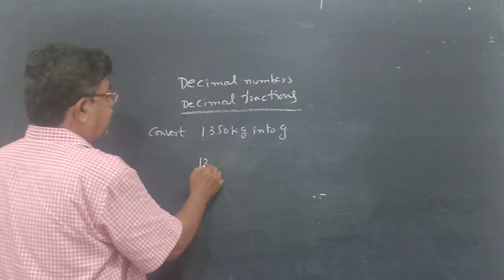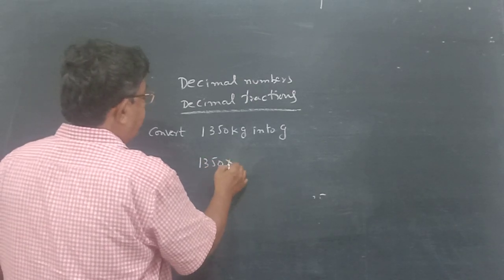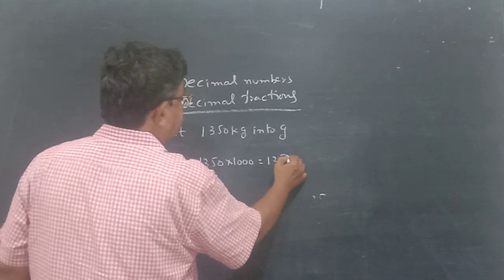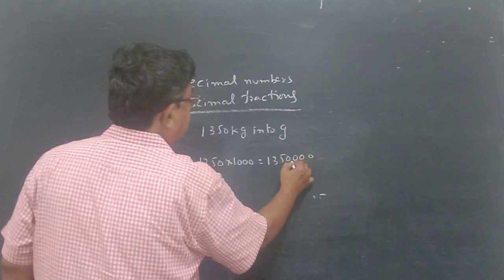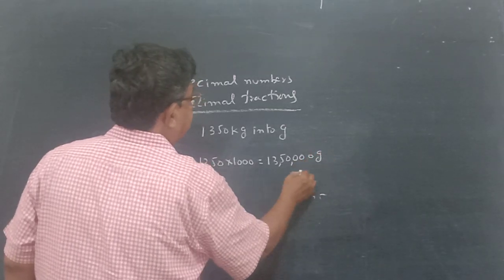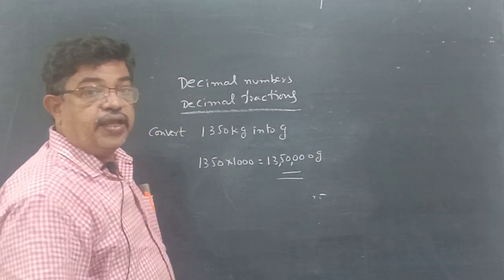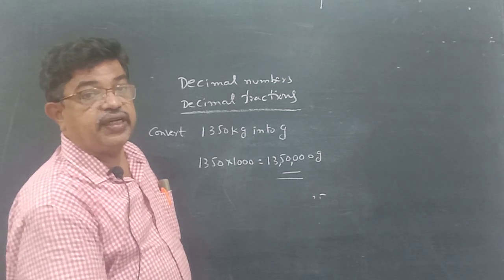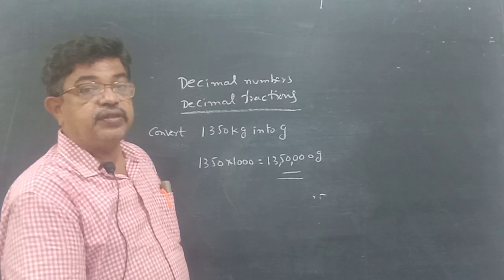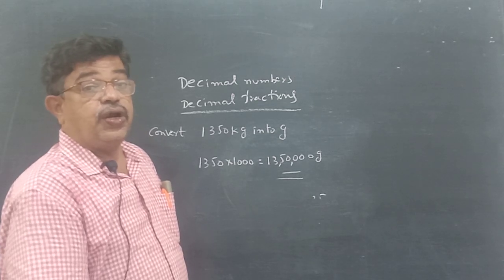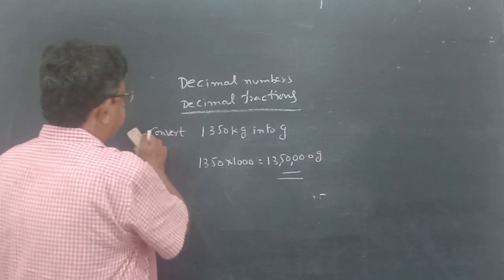So 1350 into 1000, we get 1350000. You get 13,50,000 grams. So higher units is converted into smaller units. But here we are following decimals. Therefore, generally smaller units are converted into larger units.